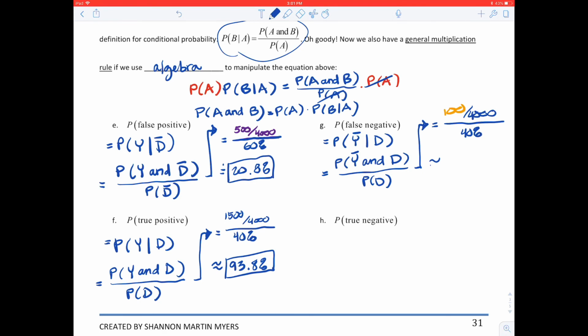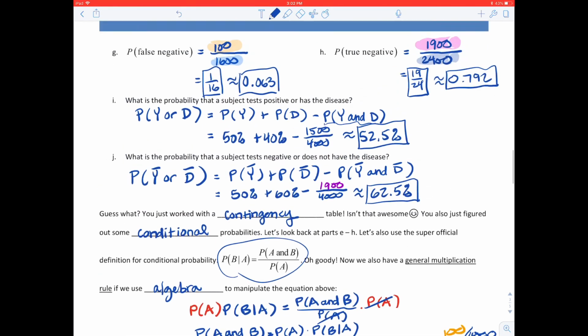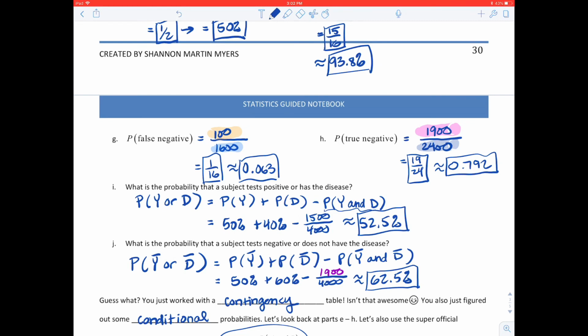When you do the computation, you will get approximately 6.3%. Going back to the original G, we got 0.063, which is of course 6.3%. And this one over here is 79.2%.